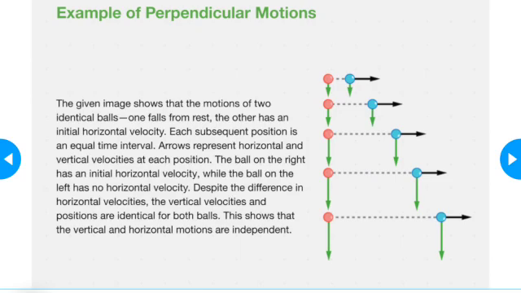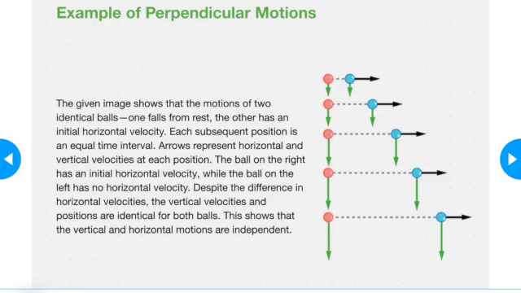Both of these balls have a green arrow pointing down, and the green arrow, notice as it falls, is growing. It's getting bigger because it is accelerating downward using gravity, just like our free fall situations, right? But the blue one, since it is rolled off of the table as well, has a horizontal velocity, and that horizontal velocity is constant.